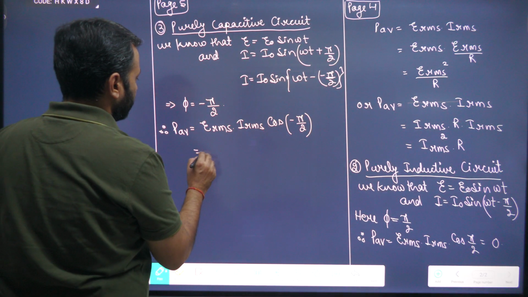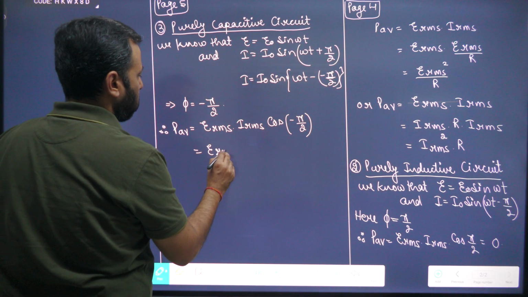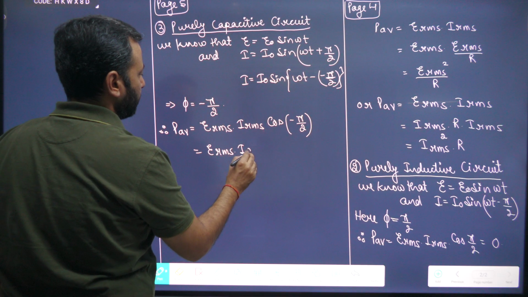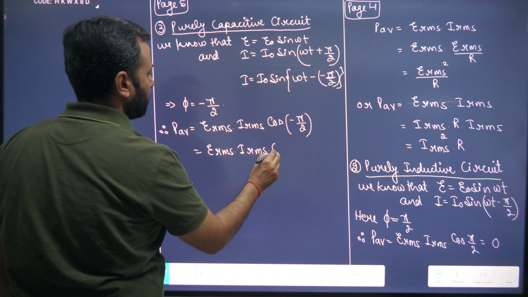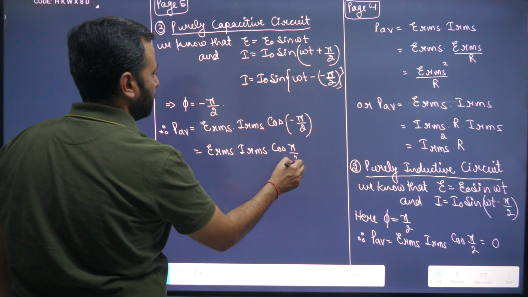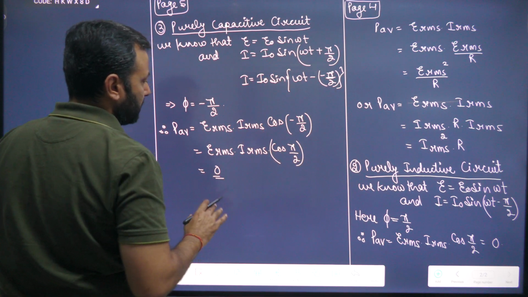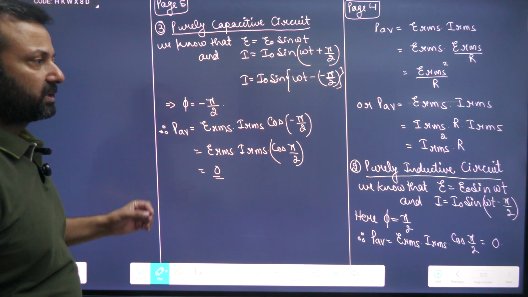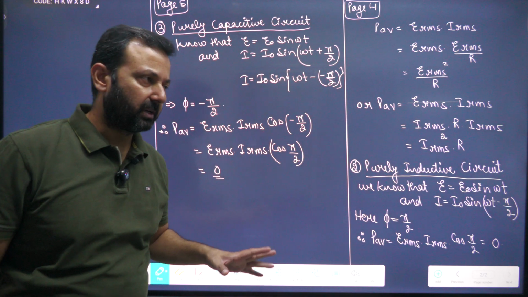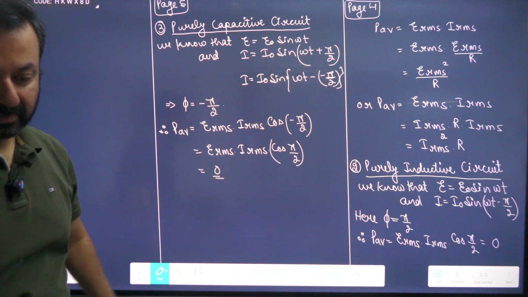So ERMS into IRMS cos pi by 2. What is cos pi by 2? It is 0. So in this case also average power will be 0. Average power will be 0 in purely inductive circuit, and 0 in purely capacitive circuit.